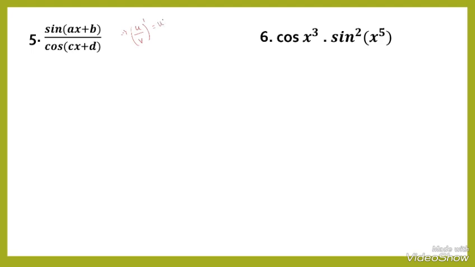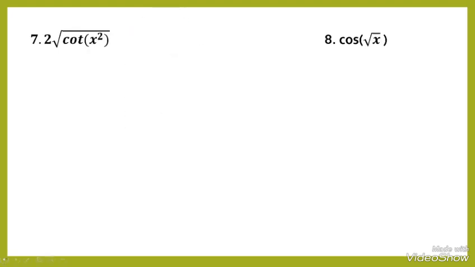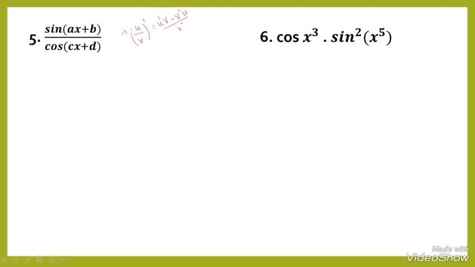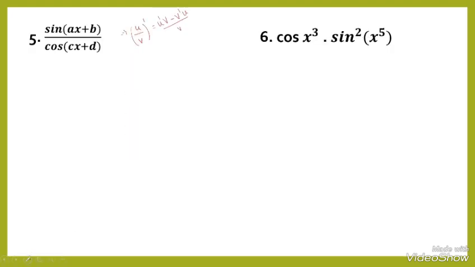We have to differentiate the first function and keep constant the second function, minus differentiation of the second function, that is v, take the first function common, divided by v square. Okay, that's why I'm solving by using that.